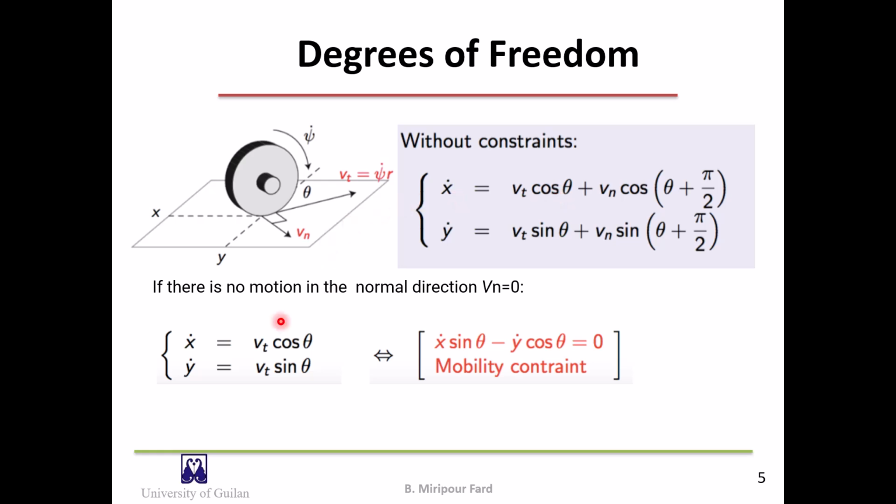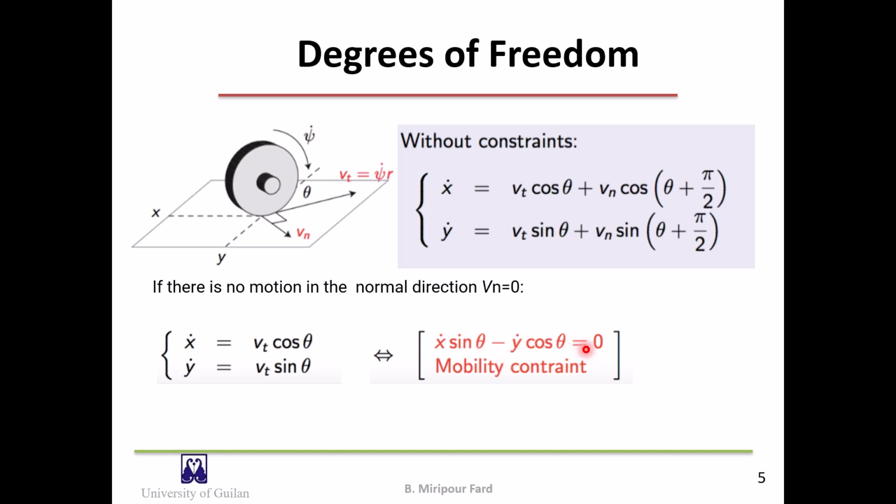If we obtain these equations, and if we remove Vt from these equations by a simple algebraic manipulation, finally the constraint equation will be in this form. In fact, this equation is not integrable, and this kind of constraints are called non-holonomic constraints.